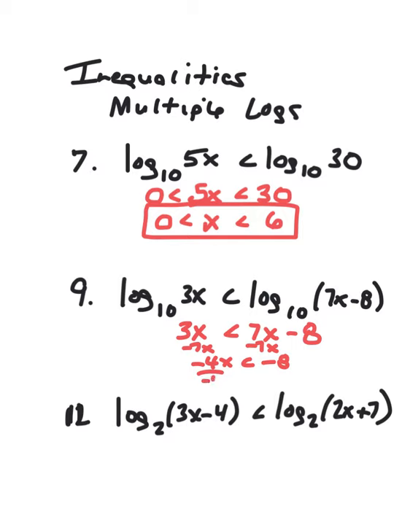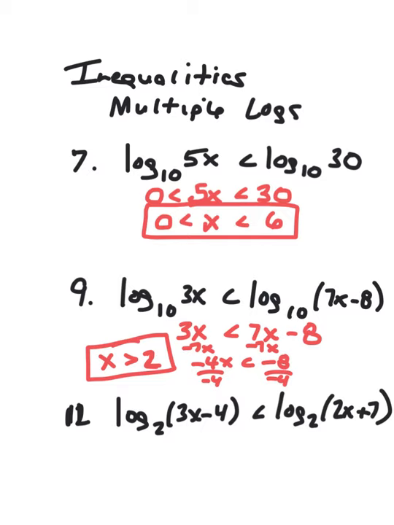If I divide by a negative 4, remember that reverses the sign, so x would have to be greater than a positive 2. And if it's greater than 2, it does not make either the 3x or the 7x minus 8 negative, and so that would be my answer.